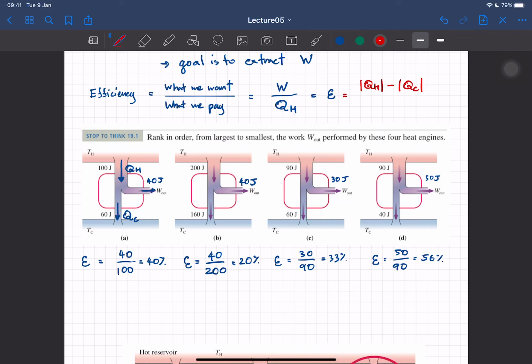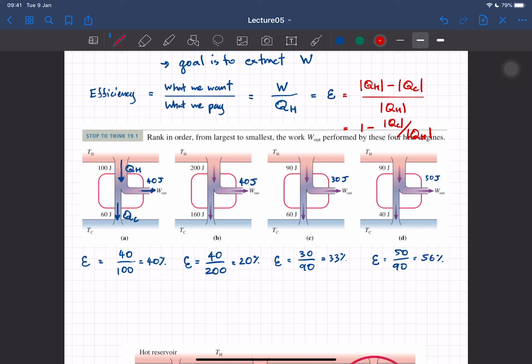I'm putting the absolute sign again to eliminate all the ambiguity in terms of the sign. So just take the numbers and subtract them, just like what we did earlier, and then divide by QH, right? So with a little bit of tidying, you can also write this as 1 minus QC divided by QH. Okay, so all of these are the same formula for efficiency.